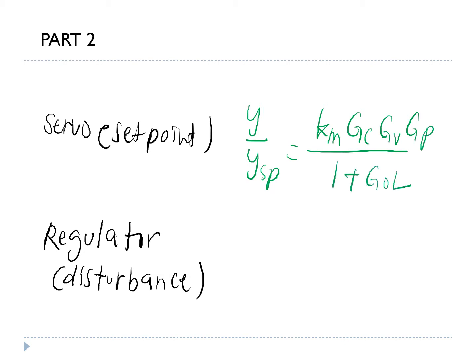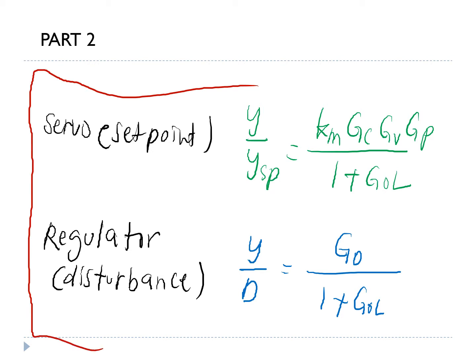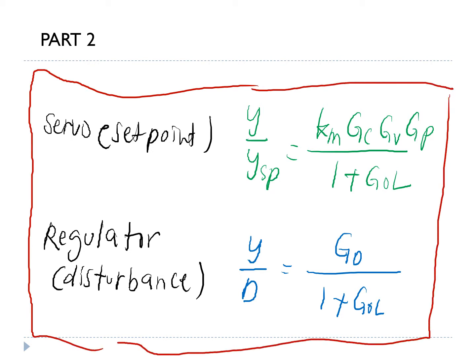And for the regulator problem regarding the disturbance change, the output over the disturbance change equals the transfer function of the disturbance over 1 plus GOL. By now, you need to remember this. You need to memorize this, and you should know how to derive this transfer function as well.